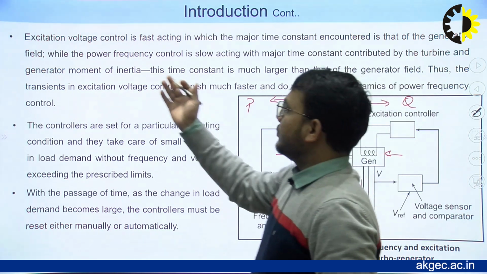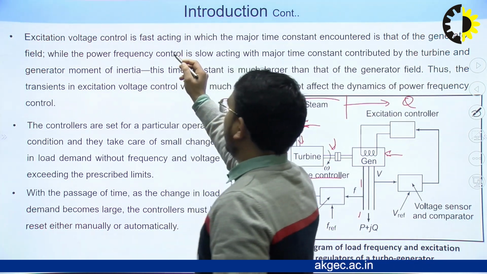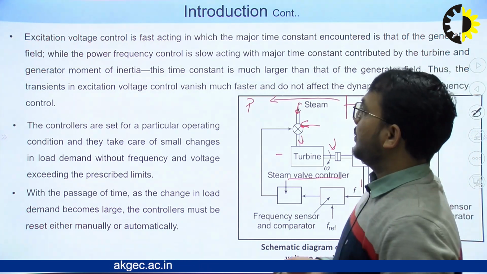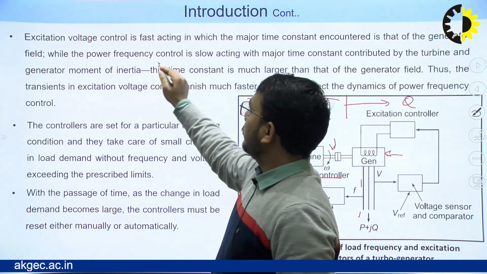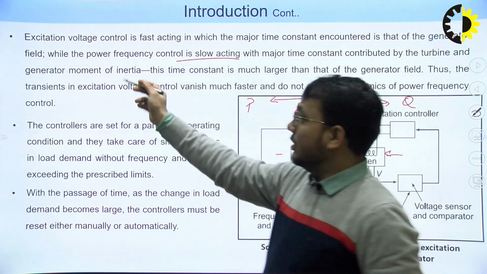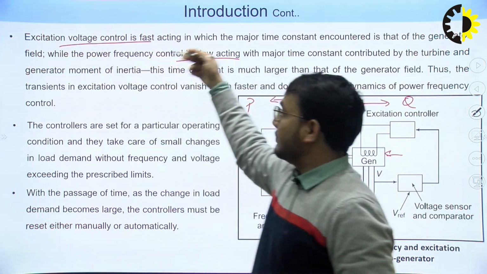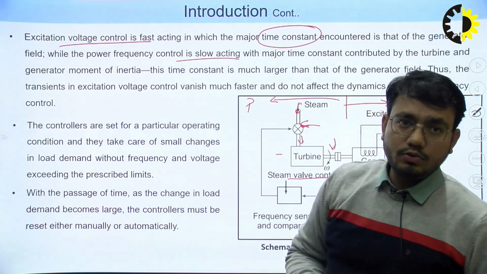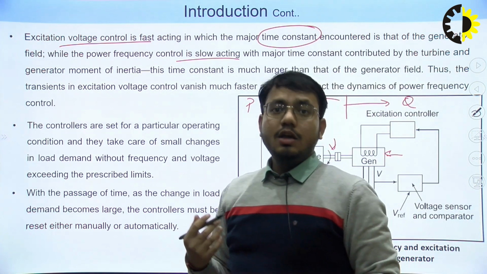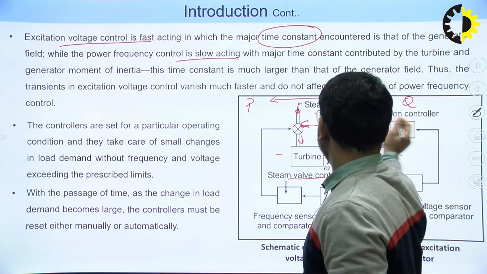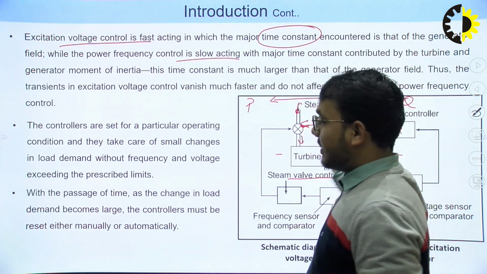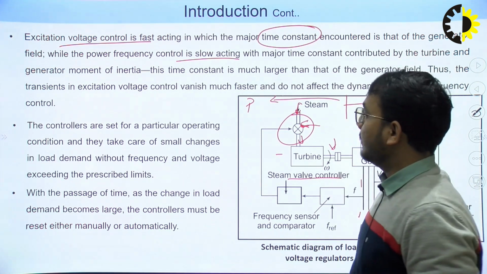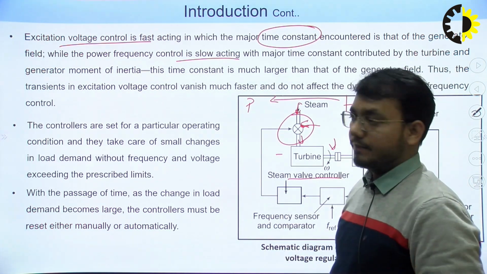So excitation voltage control is fast acting, in which the major time constant encountered is that of the generator field, while frequency control is slow. That's what I just told you. This excitation voltage control is fast acting because the values of its time constants are very much lesser. Why? Because these are only electronic devices, but here we require mechanical devices, right? That's why the time constant difference is there.